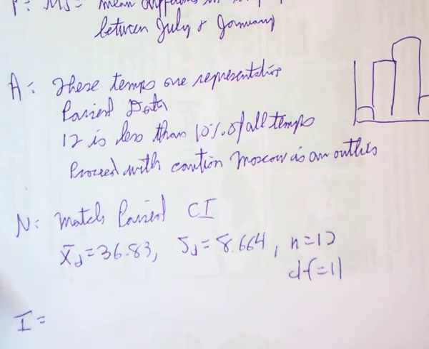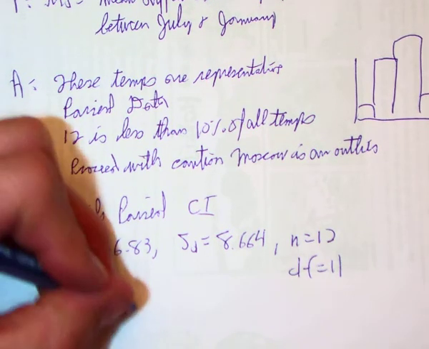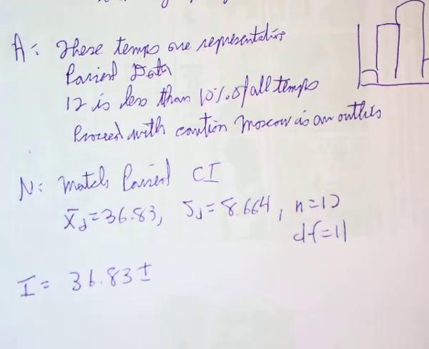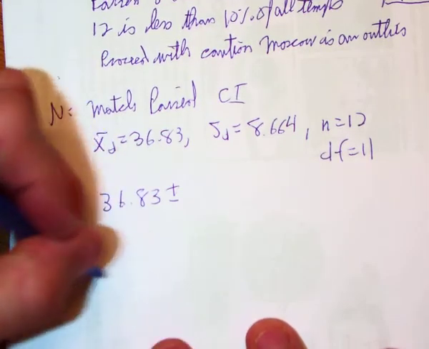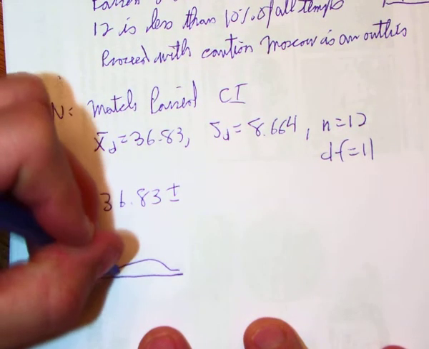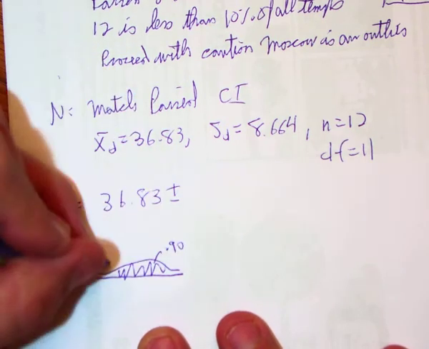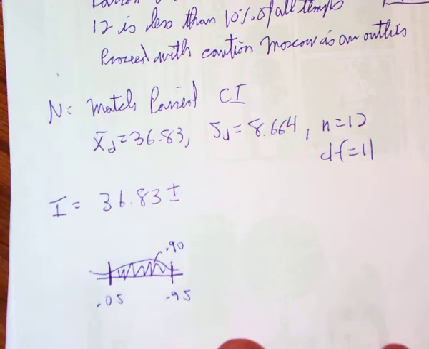The interval is going to be x bar plus or minus. Now we got to get a t with 11 degrees of freedom. Okay, and we are doing a 90% confidence interval. So again, if I'm doing a 90% confidence interval, shade in the middle 90%, then this starts at the 5th percentile and ends at the 95th percentile.